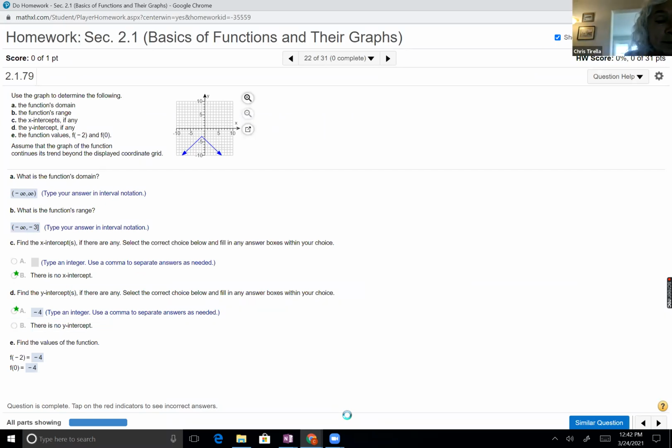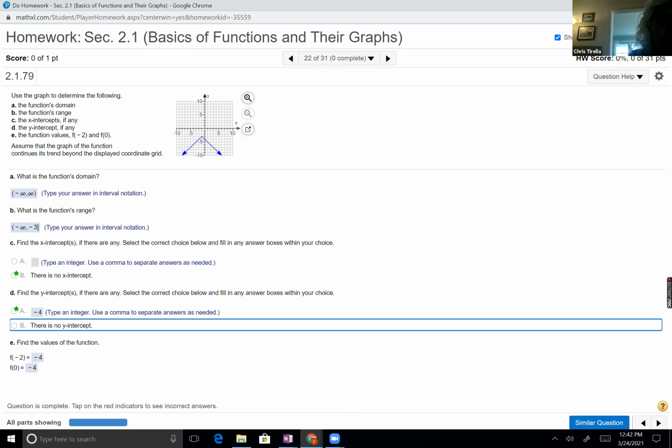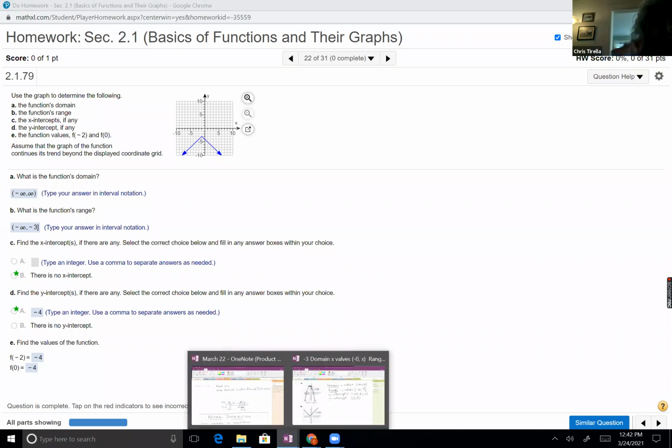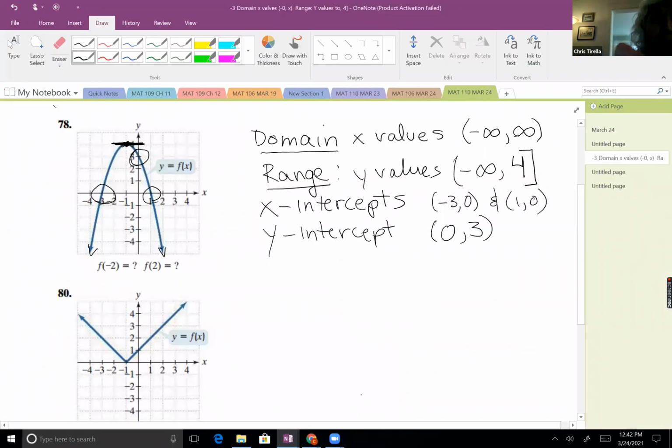Okay, for the intercepts, they're not asking for it as a point, they're asking just for a number. So I apologize. Going back to this then, using that notation, the x-intercepts here, where it crosses the x-axis, would be the two values, -3 and 1. For the y-intercept, where does it cross the y-axis?